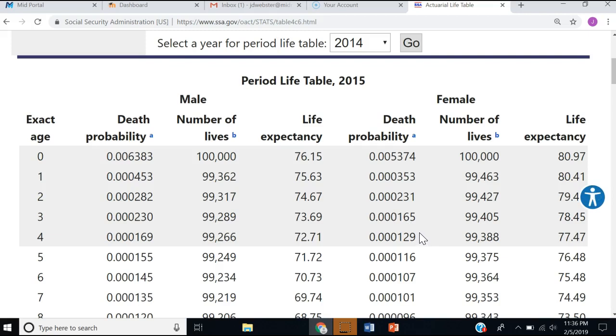And that lower probability of dying is going to lower the expected value. So if there's a husband and wife and they both buy $300,000 worth of life insurance for the year and they're the same age, they're probably going to charge the female a little bit less.